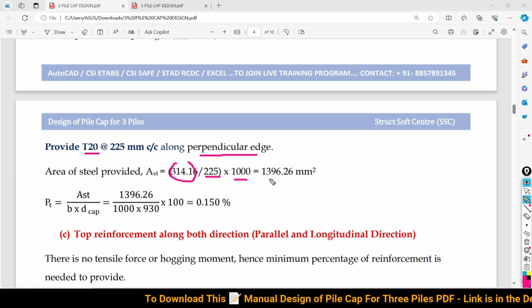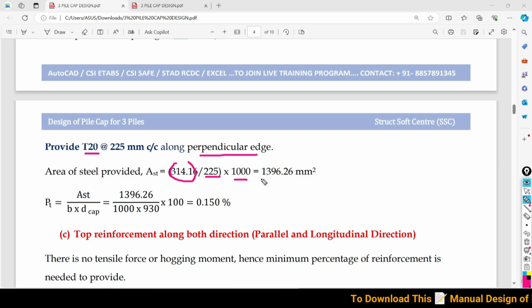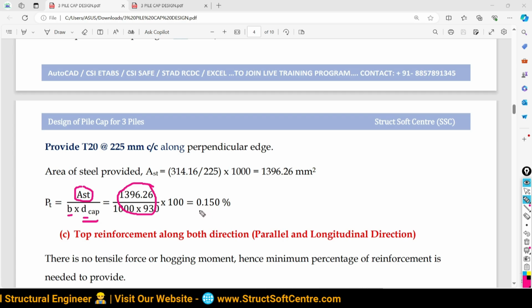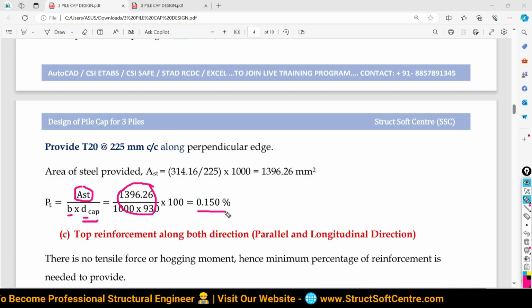Now we are getting the reinforcement which we are going to provide, 1396.26 mm square. Thereafter, total area of the reinforcement provided divided by B into effective depth of the pile cap. After doing this calculation, we are getting the percentage of reinforcement provided as 0.15%.